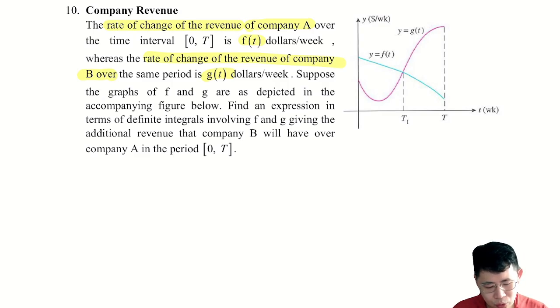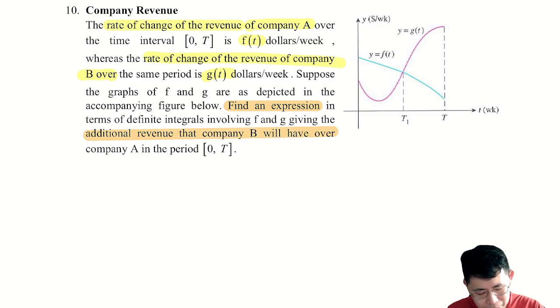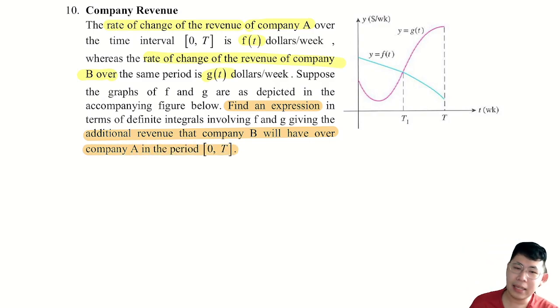Find an expression in terms of definite integrals involving f and g giving the additional revenue that company B will have over company A. So I think this is mainly an English thing. Mainly, from beginning to the end, how much does B have more than A?